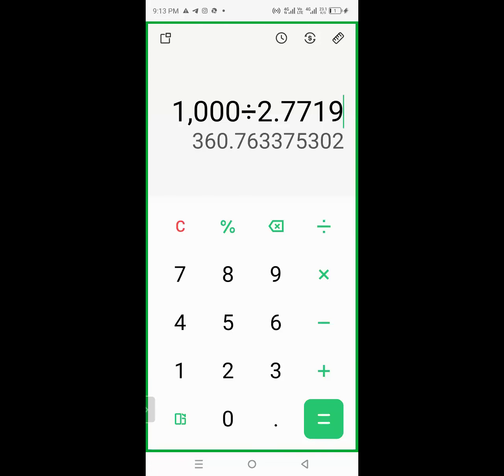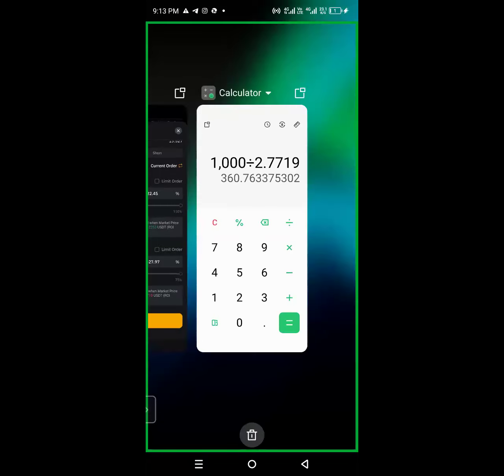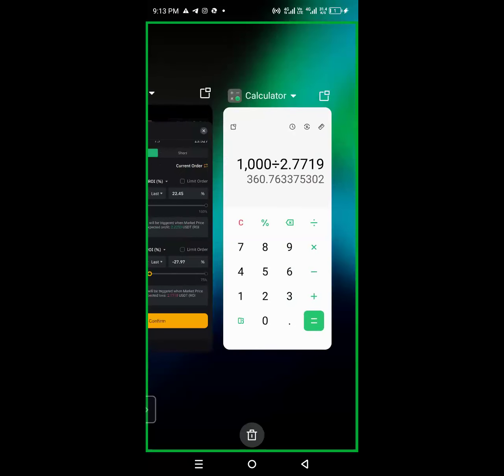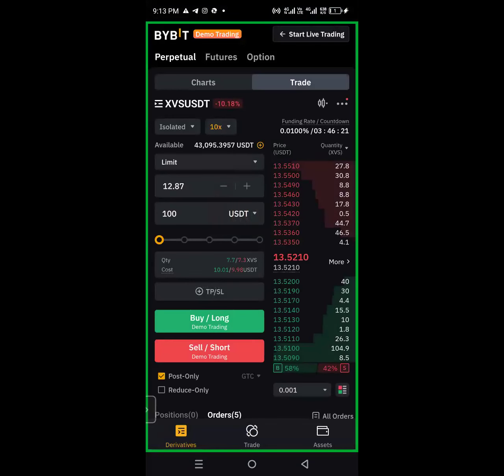Now let me explain it again. I said that from the beginning of the day, we should always calculate something before going ahead to trade for the day.